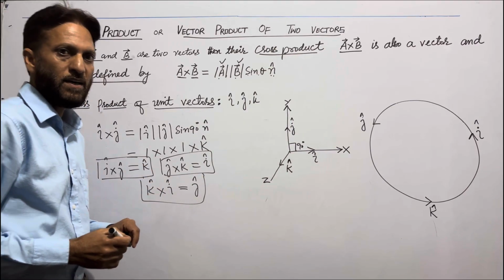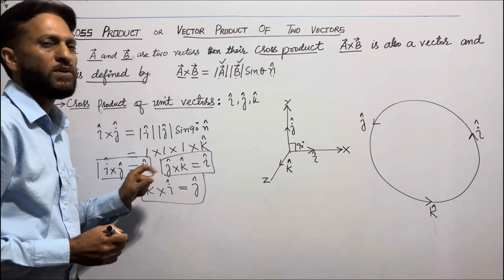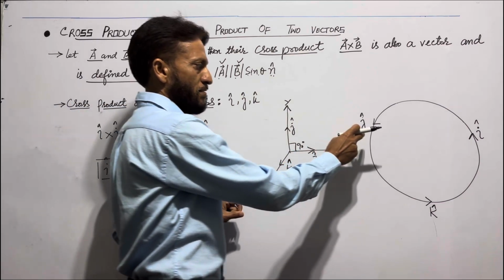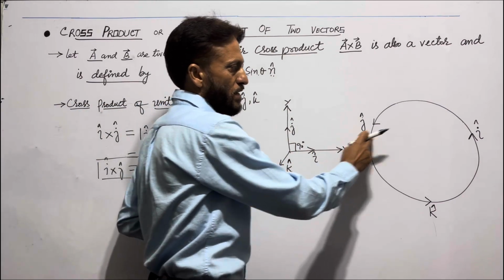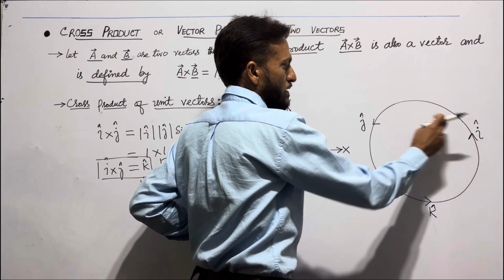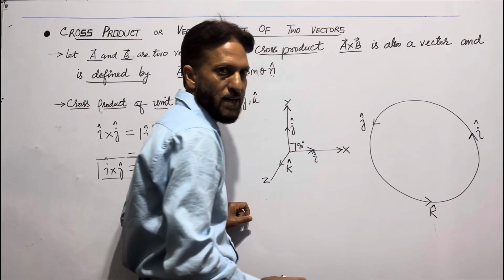To remember the cross product of unit vectors, let us draw a circle. This is a circle. Here I have written i cap, then j cap, then k cap.